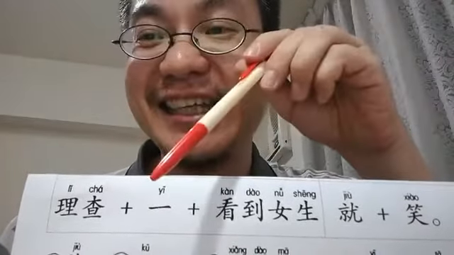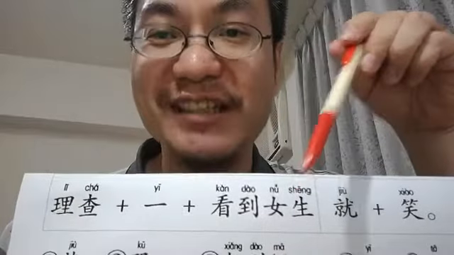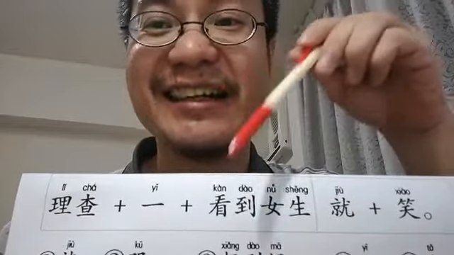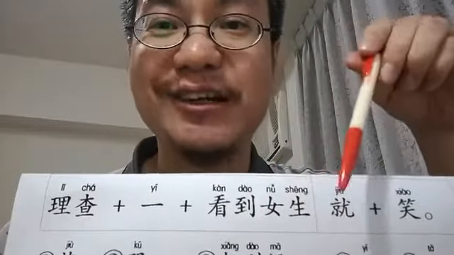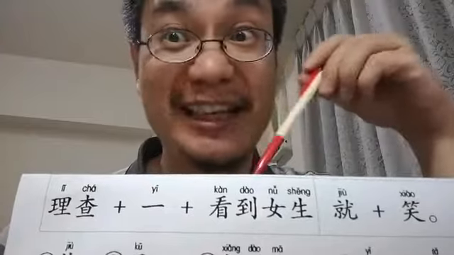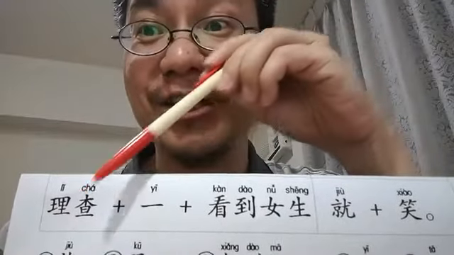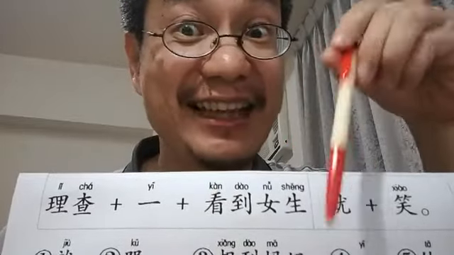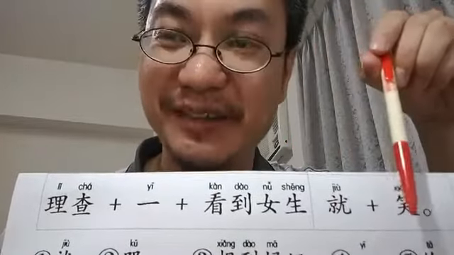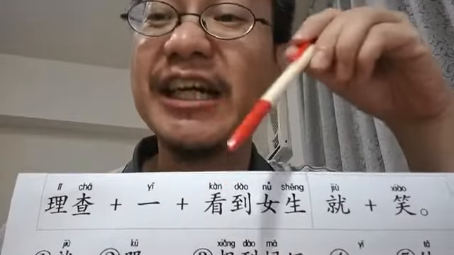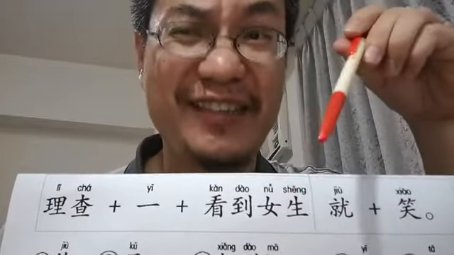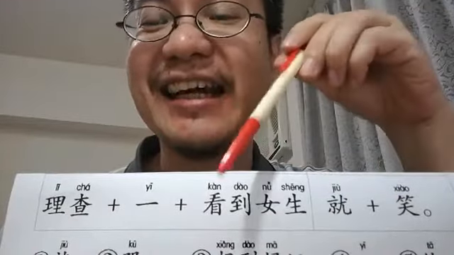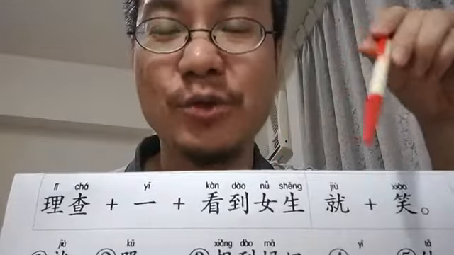理查一看到女生就笑. As soon as Richard sees girls, then he smiles. 理查一看到女生就笑.